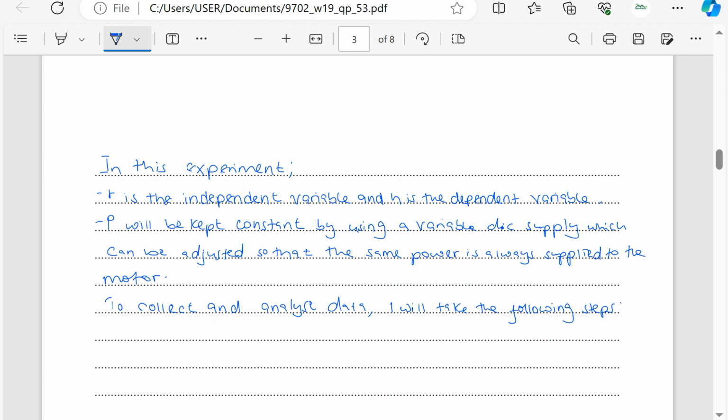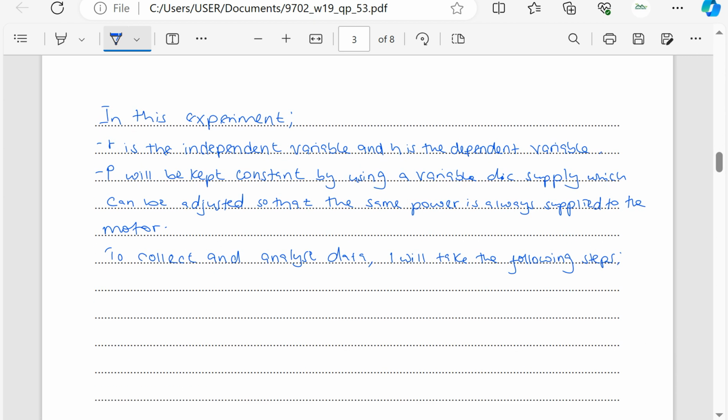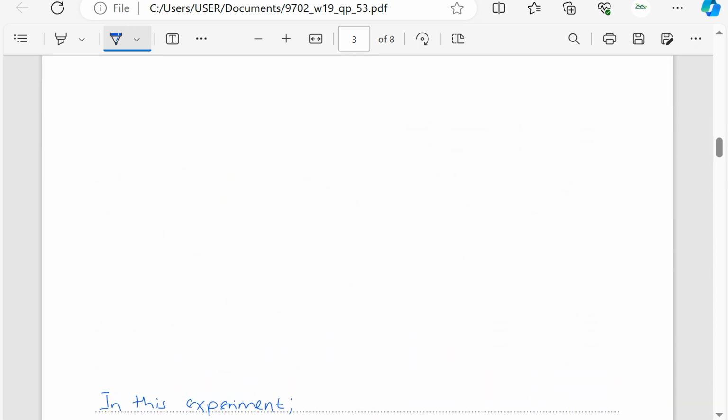Okay, so the first step, I have to build the experimental setup. So let me first draw the diagram that I think is most appropriate for this experiment. Remember, the diagram is going to be compulsory here.